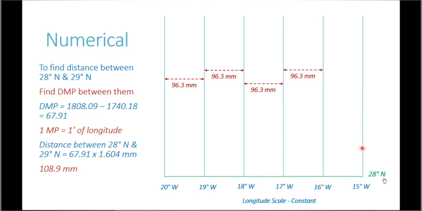So this is the distance which you need to keep between 28 degree north parallel and 29 degree north parallel, 108.9 mm. So we mark off this 108.9 millimeter of distance, and after marking this distance, we can now draw the parallel of latitude of 29 degrees north.